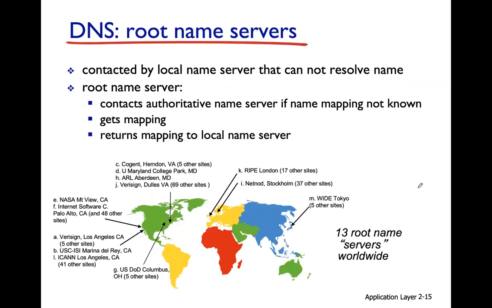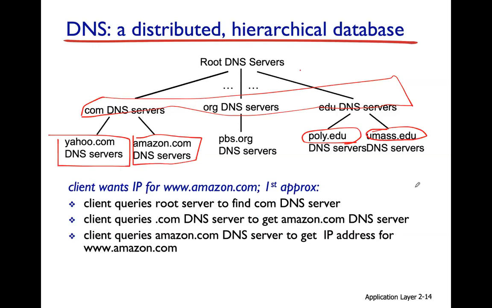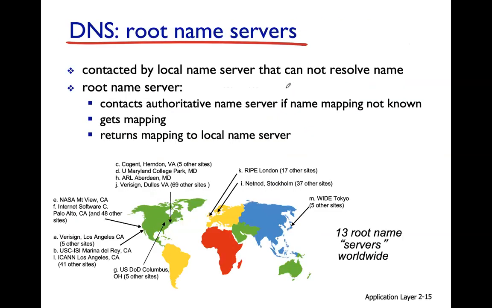The root server is actually not just one root server. Here we have 13, I think, 13 root servers. Most of them are in the US, Europe has 2, and Japan has 1.